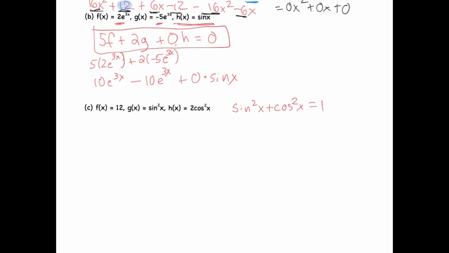There's a couple of different ways that you could do this, but one is if I leave g alone and take g plus 1/2 h, that would end up giving me sine squared plus cosine squared x, which is going to give me 1.